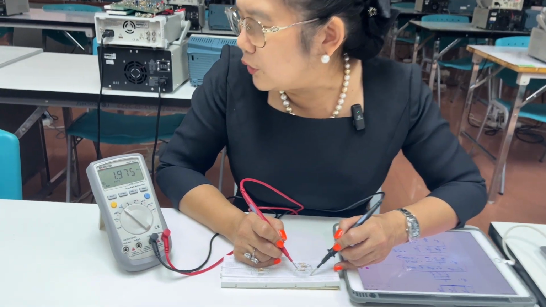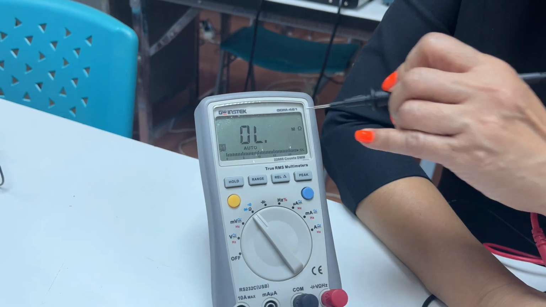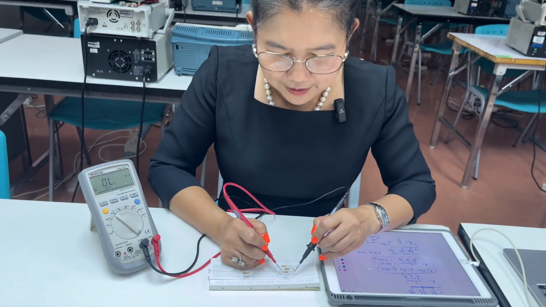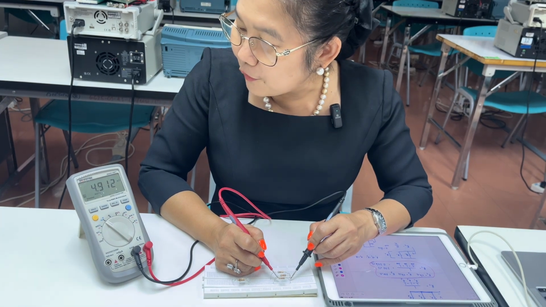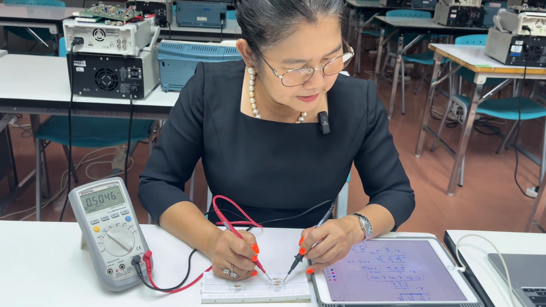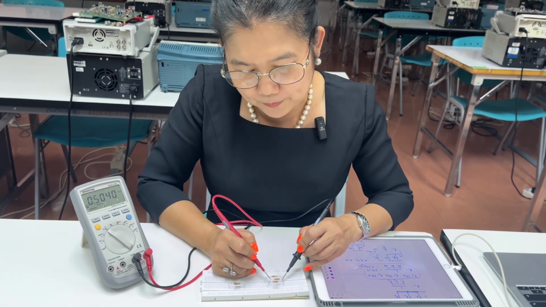So 1.9K ohms. And the second one, R2, is 5K, so 4.9K ohms. And R3, I said it's 500 ohms, so 0.504K ohms, right?